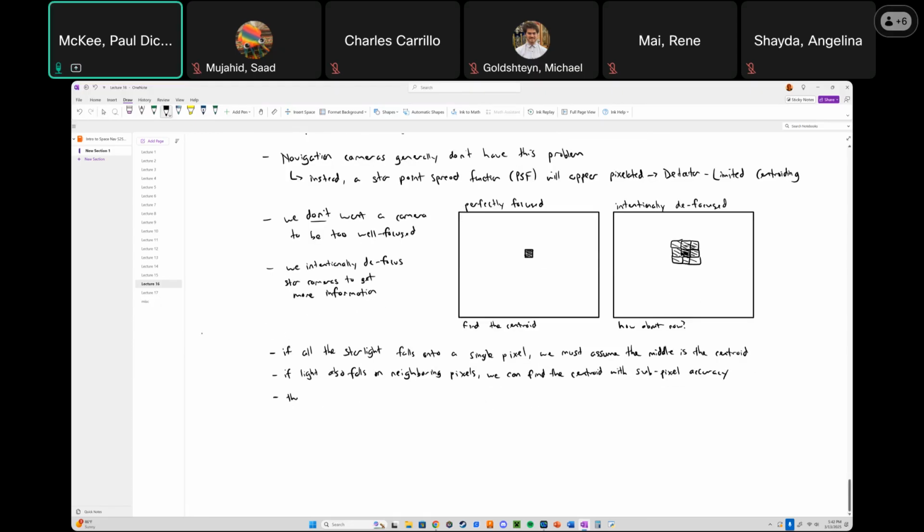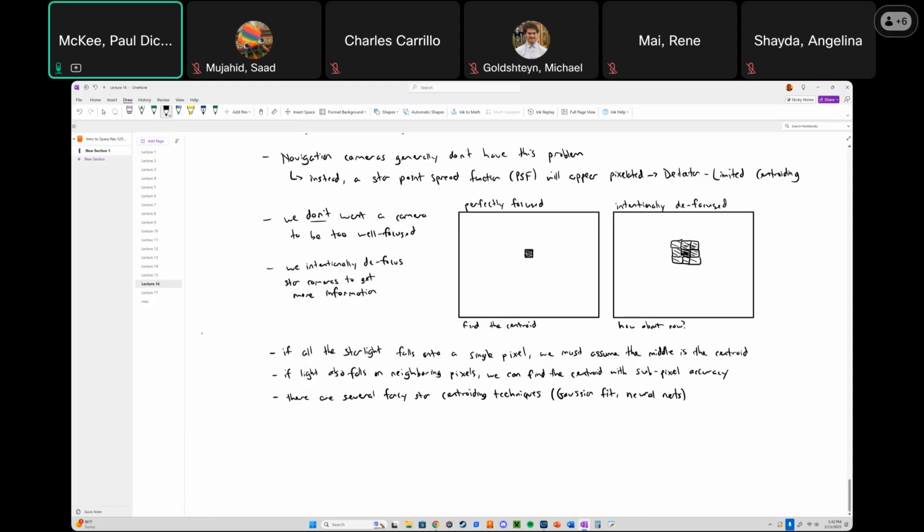There are several fancy star centroiding techniques. Like fit a Gaussian to it. I've also seen neural nets deployed here.